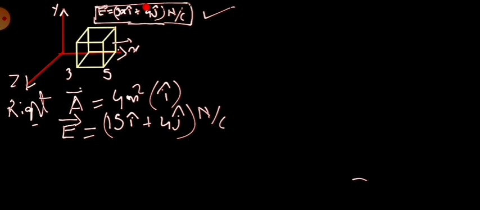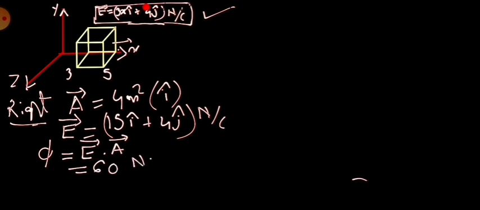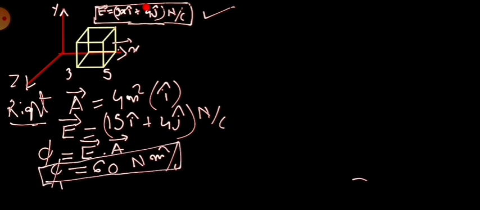The area vector and electric field are known, so I can calculate phi equals E dot A. We know i cap dot j cap will be 0. So it's equal to 60 Newton meter square per coulomb, the flux through the right surface.